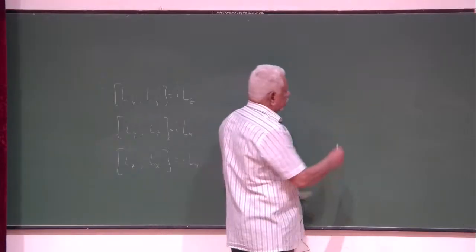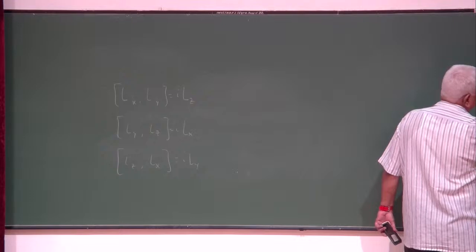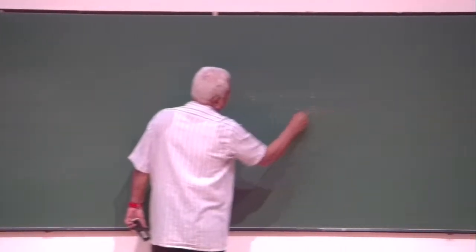Whatever I wrote here, Lz, I wrote here I minus I 0. This is the matrix I wrote. Similarly, you can write for Lx and Ly, and that will satisfy all the three equations.